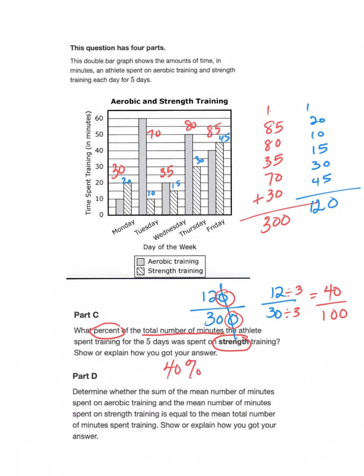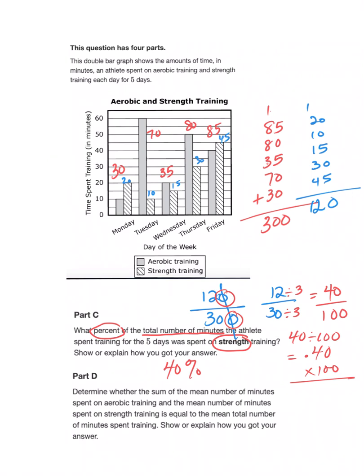It's 40%. Technically what I did is I divided. To get a percent we do the division. 40 divided by 100 will give me 0.40, and then when I multiply that times 100, that's how I get the percent.